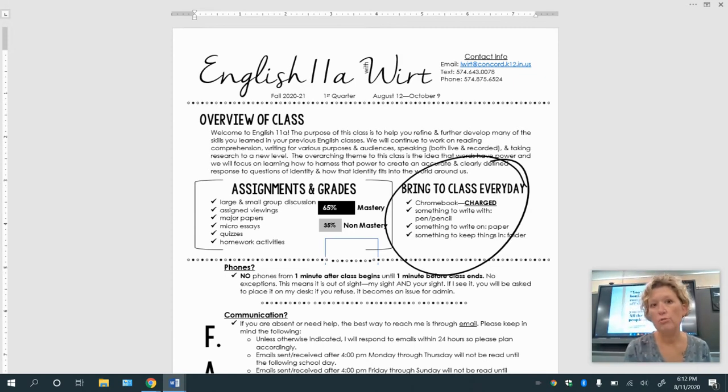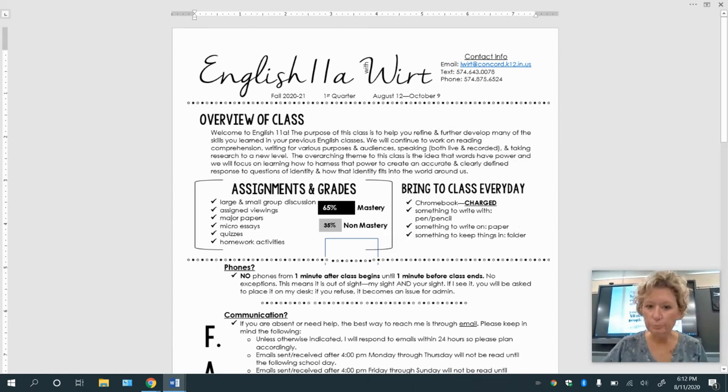When you come to school or pick up materials, you'll find a manila file folder that has your name written on it and has your syllabus in it and anything else that I want to hand out to you right now. Okay, so that's what we're talking about.